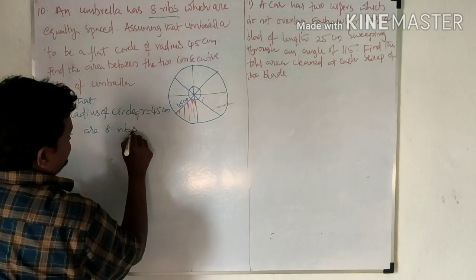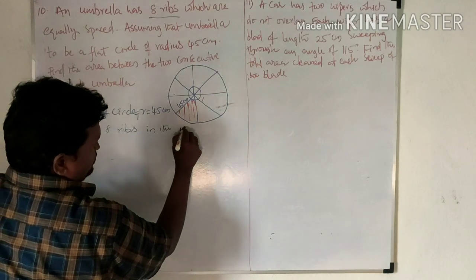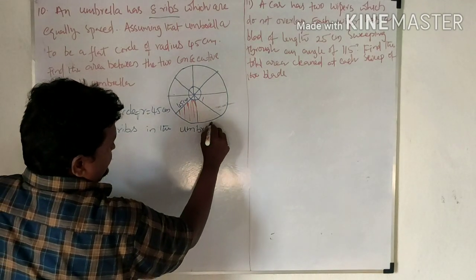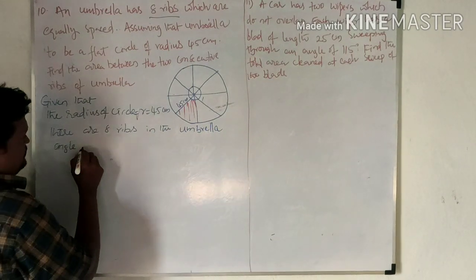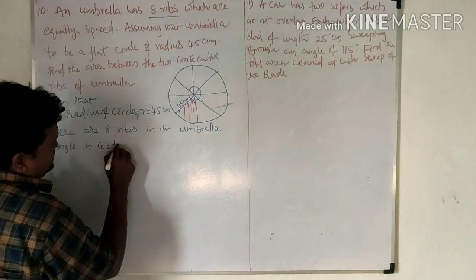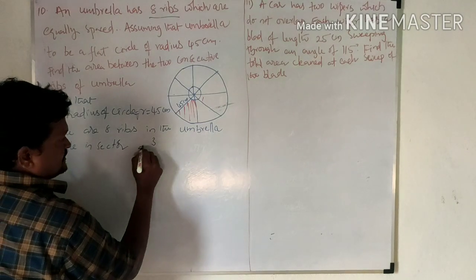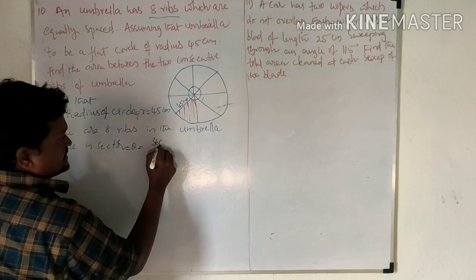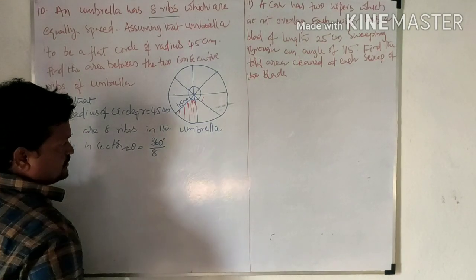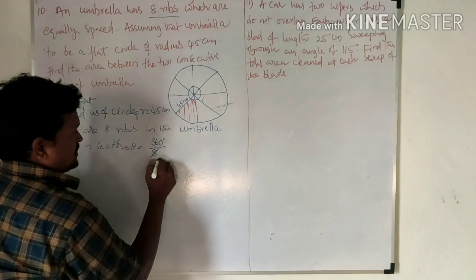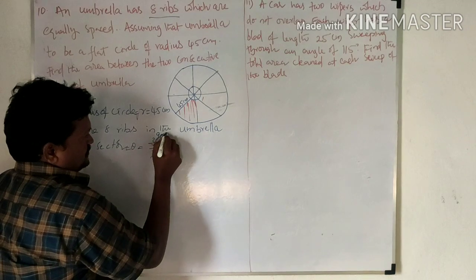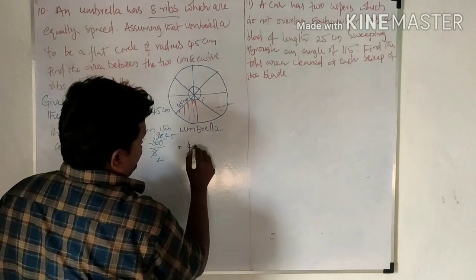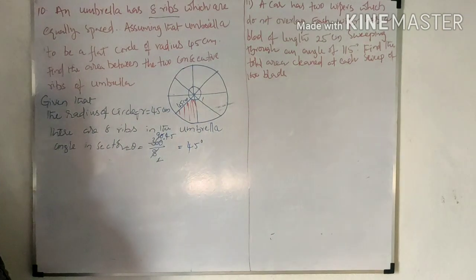There are 8 ribs in the umbrella. That's why the angle in the sector, theta, becomes 360 by 8. 8 fives are 40... 8 times 45 is 360, so it will be 45 degrees.